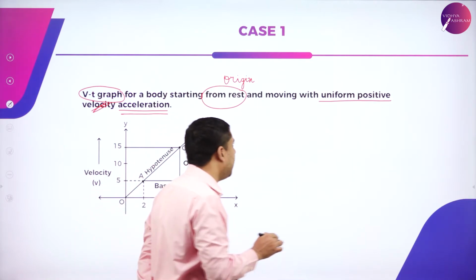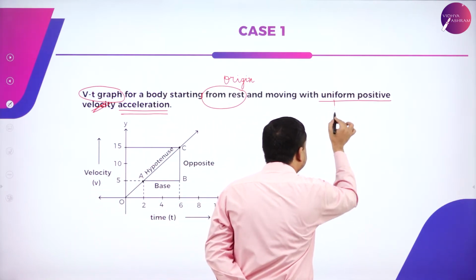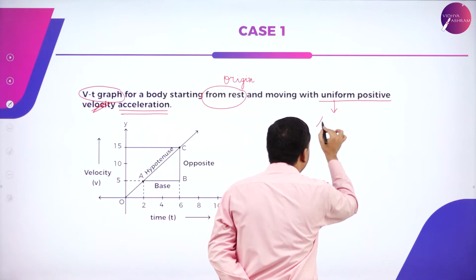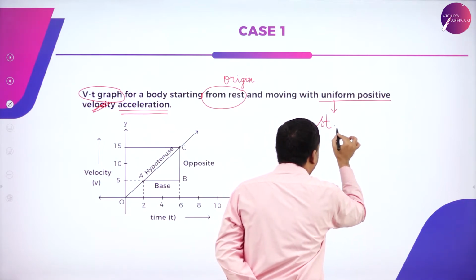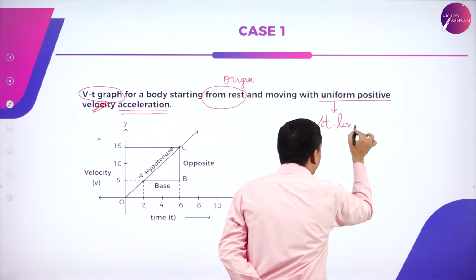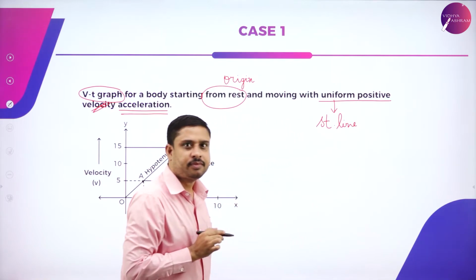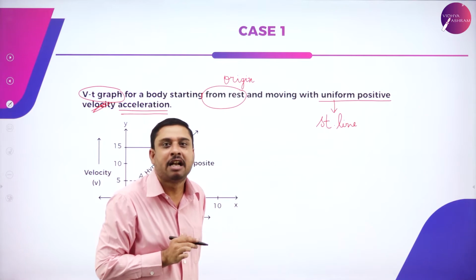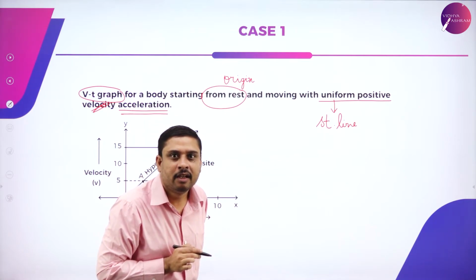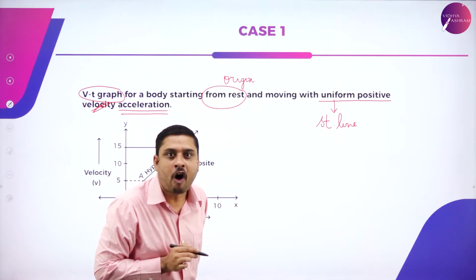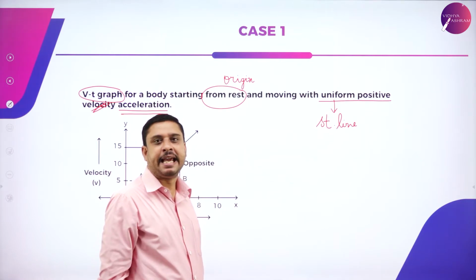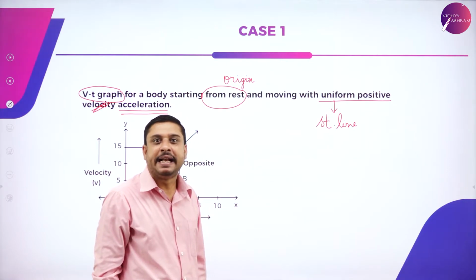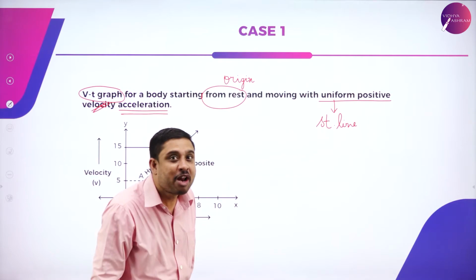Always remember, when I say uniform, it should happen along a straight line. Uniform motion, straight line motion. The word uniform graphically is represented by a straight line.